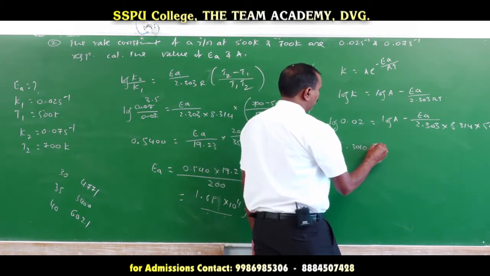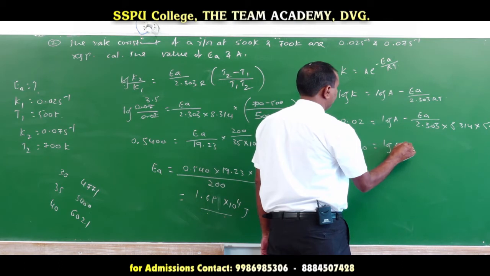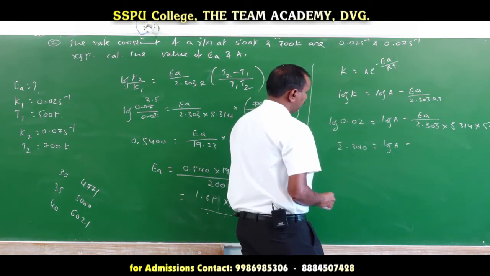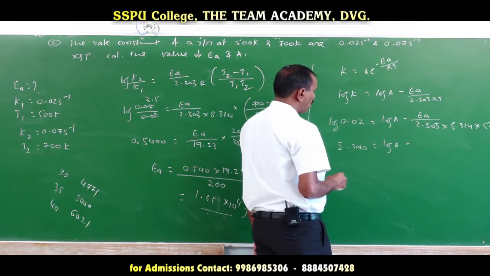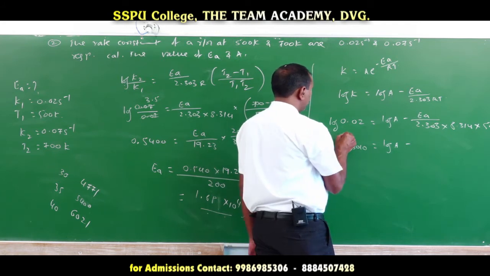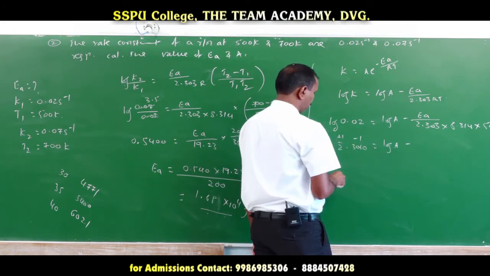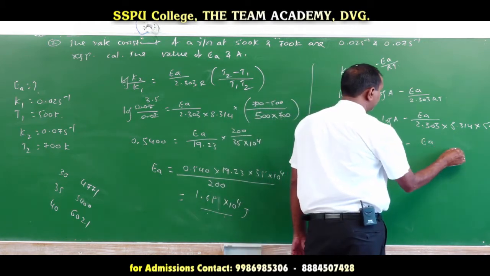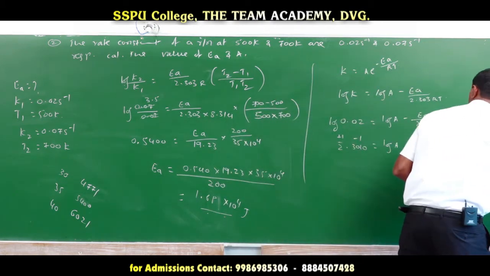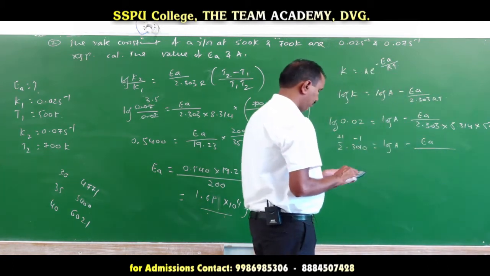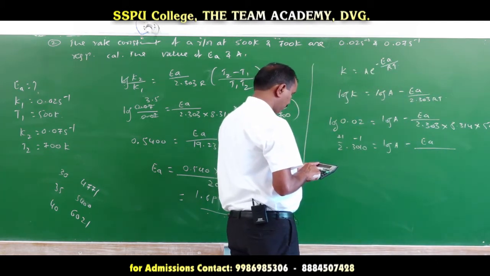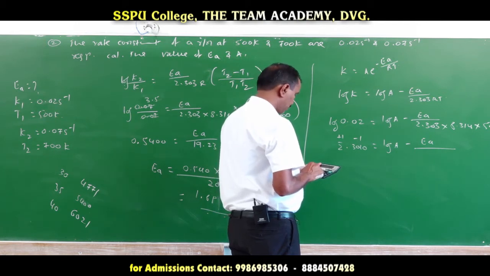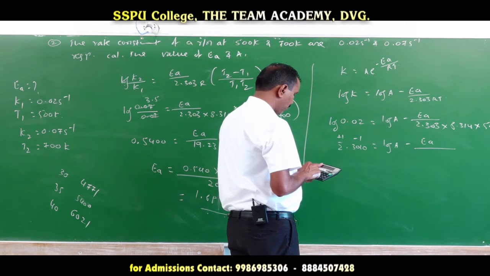So that equals log A minus of E_A by, this value is 2.303 into 8.314 into 500.